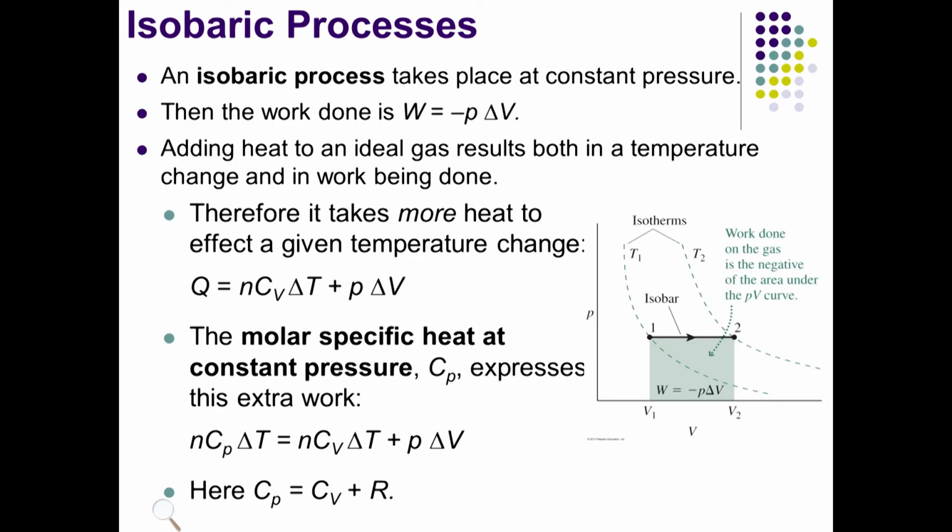So, the work done by the gas is pressure, which is a constant, multiplied by delta V, which is the change in the volume. And because we went from isotherm 1, T1, to T2 temperature, we have also supplied certain heat.